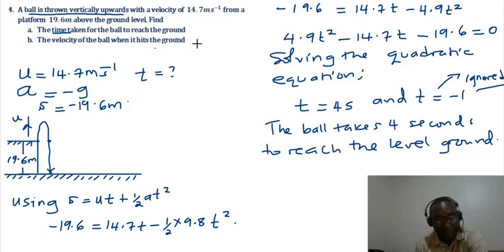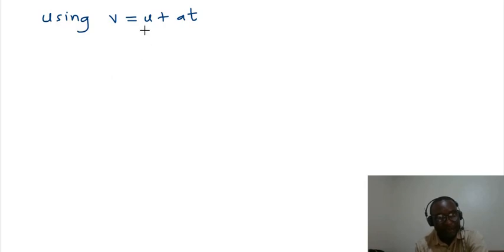Part B, the velocity of the ball when it hits the ground. We need to find the velocity of the ball when it hits the ground. Now, using that v is equal to u plus at, we need to find the final velocity, the velocity with which it hits the ground. We have u, we have the acceleration, which is acceleration due to gravity. We have the time.